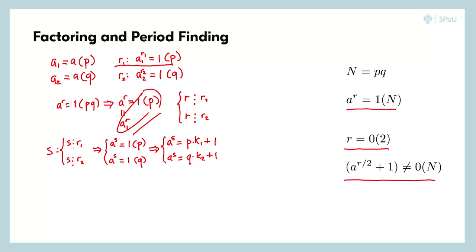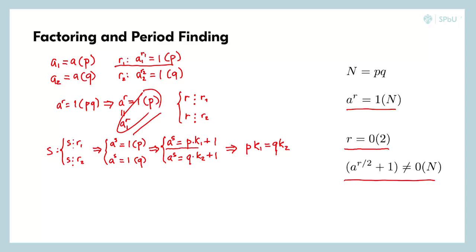And we are going to subtract these equalities one from the other to get p k1 equals q k2. Now, q does not divide p. That means that q must divide k1.